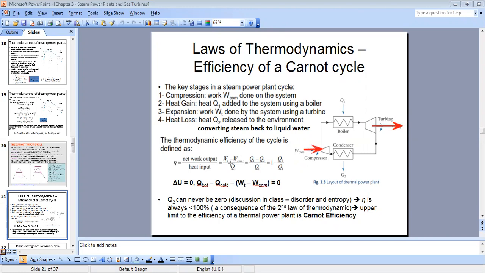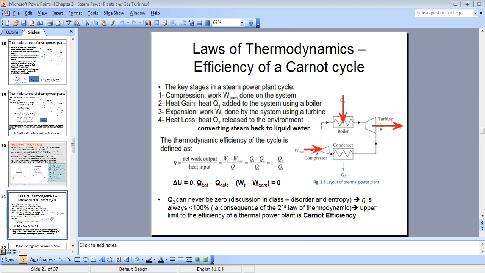So it's W turbine minus W compressor over the heat input. The heat input in my system is through the boiler because at this level I am giving heat. And this heat can be of several sources. We can use combustion, we can use electricity, we can use a renewable energy process, etc.